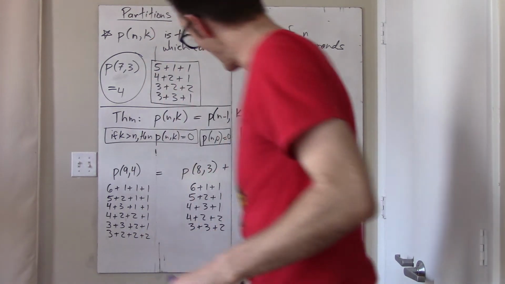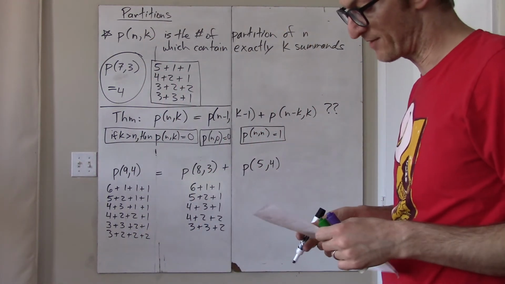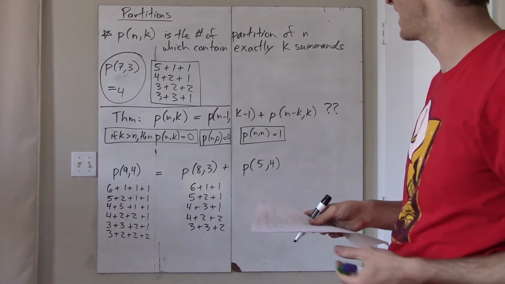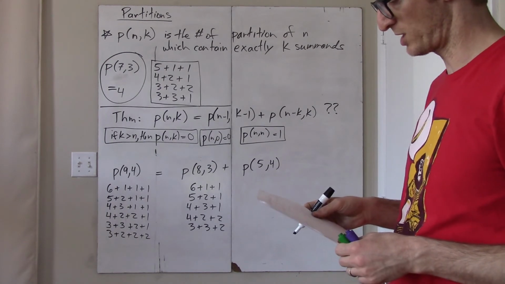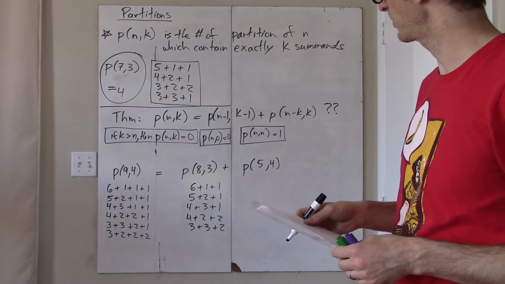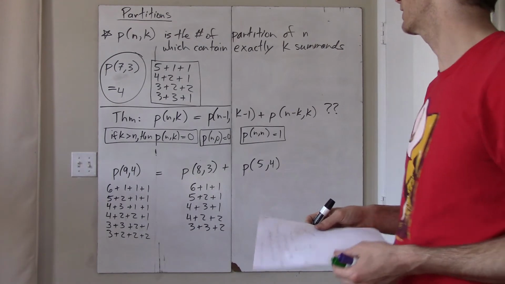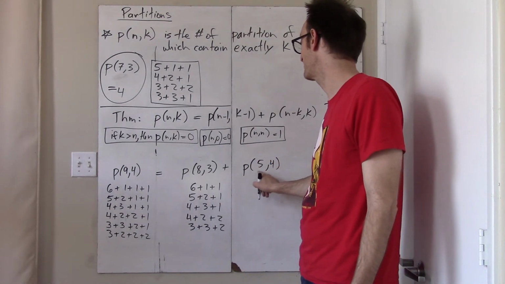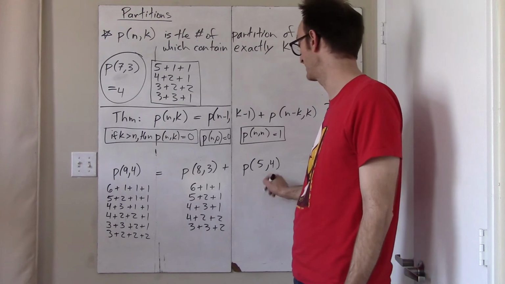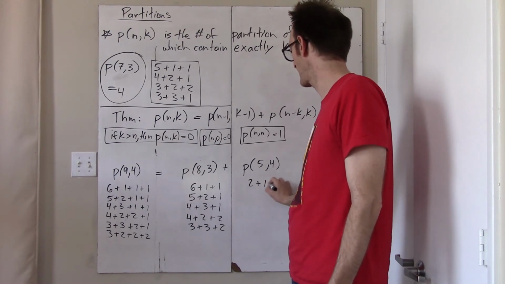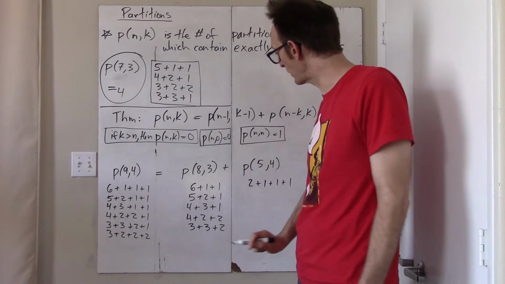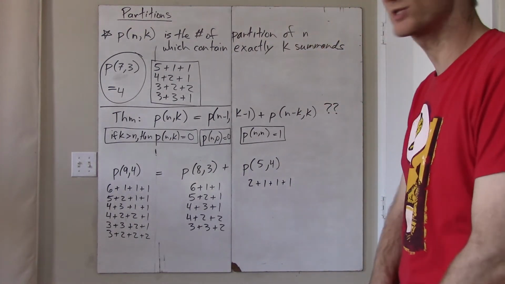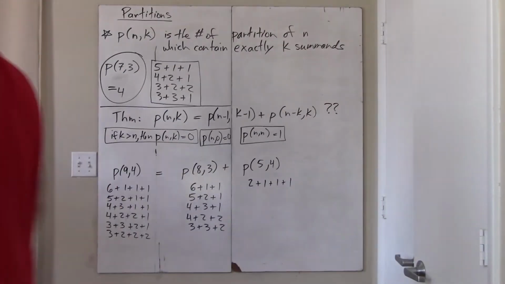I believe there are 5 of those. I did that kind of fast because I sort of know what I'm doing now. Have I done something wrong? No. Good. And how about P(5,4)? If I want to divide 5 up into 4 piles, there's only one way to do that. It's going to be like this. So if you trust these, you can double check them and use your intuition.